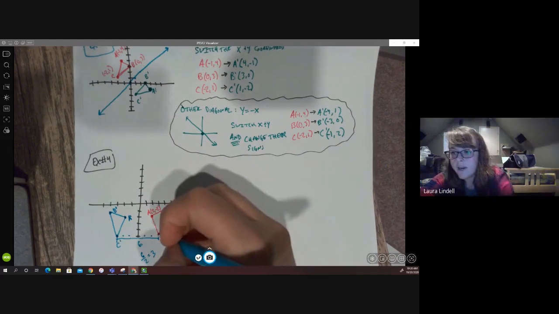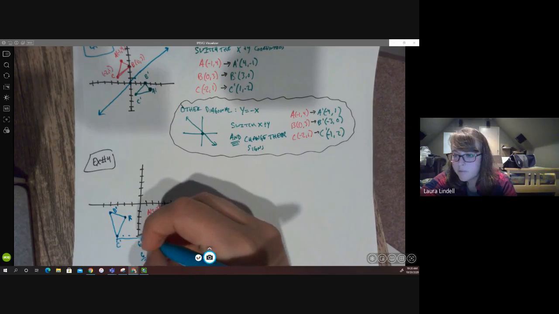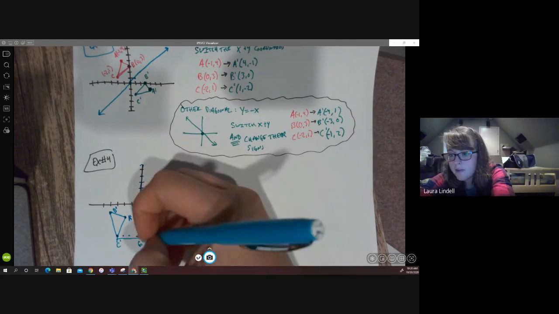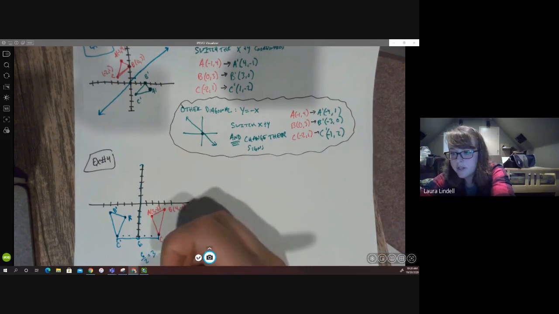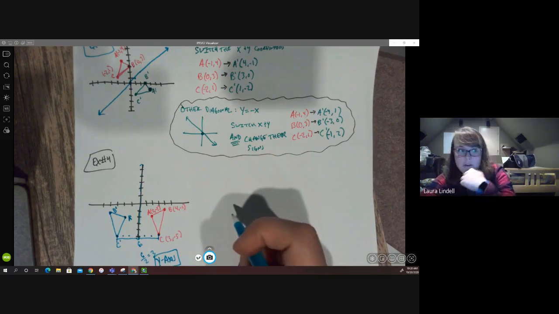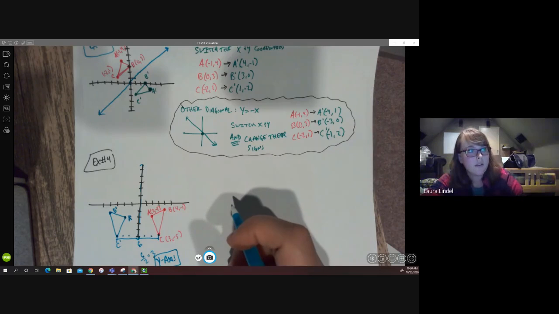So I know that if I go over 3 from this point, 1, 2, 3, then that's going to be my axis of reflection. And it turns out that it is the y-axis that's been reflected over. That's one way you can do it.